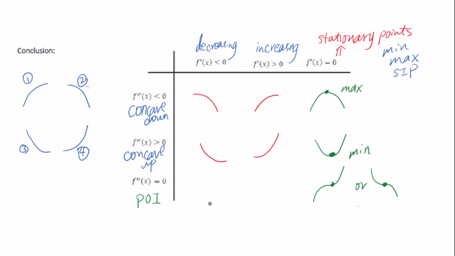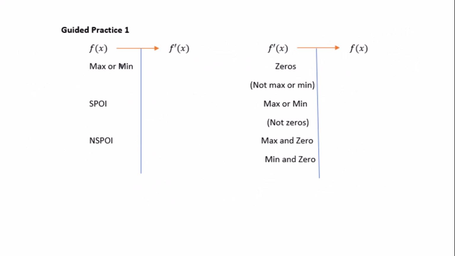If the first derivative is less than 0, the function is decreasing. So this point for the function is increasing. Maximum or minimum of f of x will be changed into zeros of f prime of x.